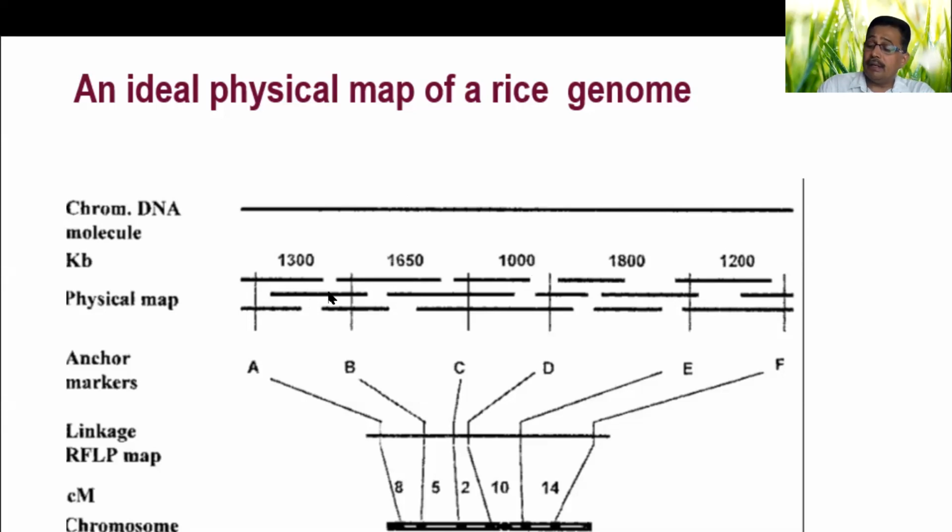Earlier, the rice genome project or the Arabidopsis genome project assembled the physical map based on BAC contig alignment.